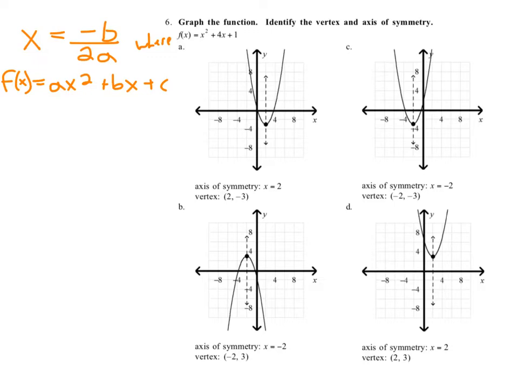I actually prefer f of x, and I'm going to show you why. But let me first find out for this equation what a and b are, because those are the two values that we need.